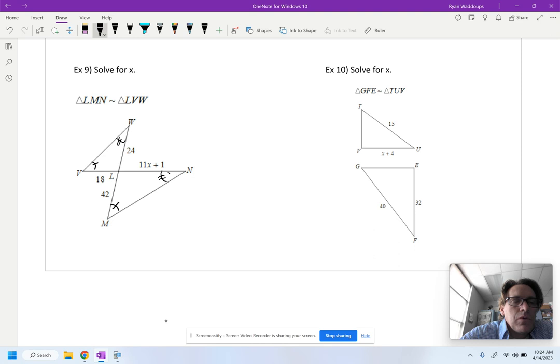So the corresponding parts that are proportional, I'd say 18 corresponds to 42. 18 to 42 would be equal to 24 compared with 11x plus 1.